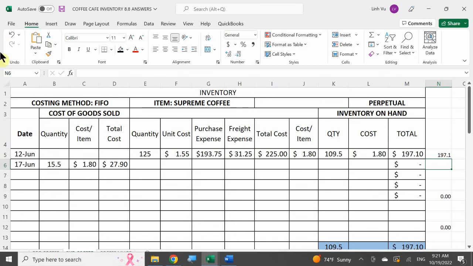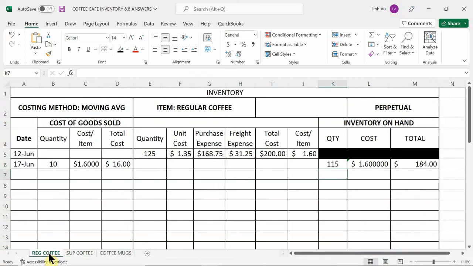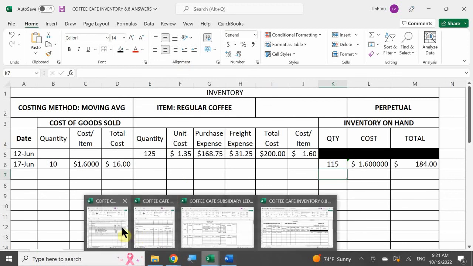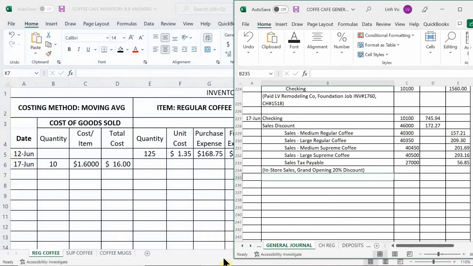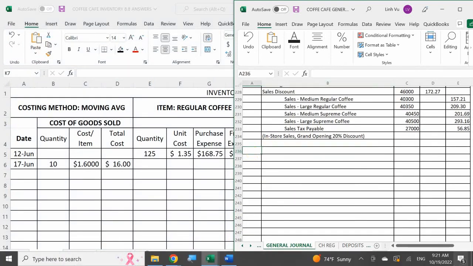So I have my cost of goods sold for $27.90 for my Supreme, and the cost of goods sold for my regular coffee is $16. How do I journalize this in my journal? You're going to have inventory. Does inventory come first or second? Am I adding to my inventory or subtracting from inventory? Subtracting. So which inventory specifically?